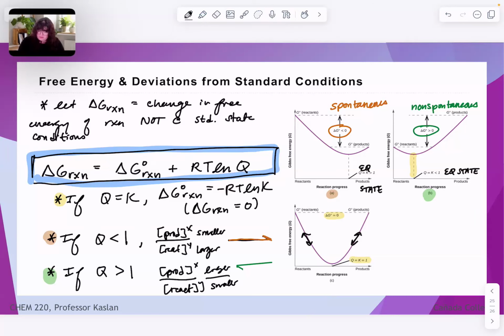So this is the free energy in a reaction occurring at non-standard states and non-standard conditions.